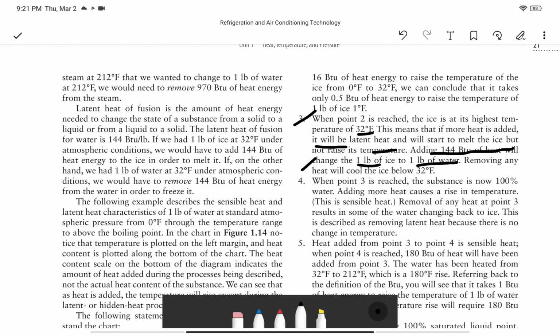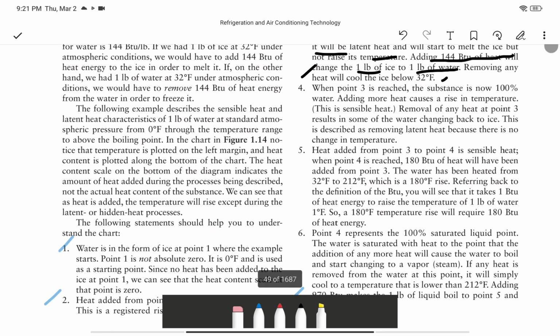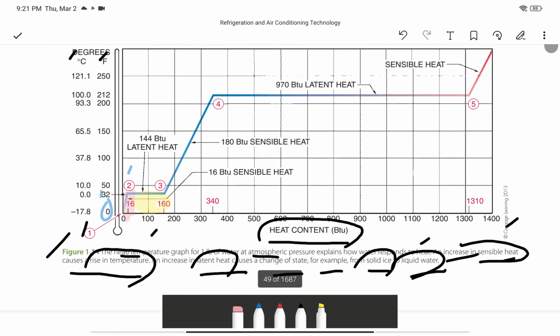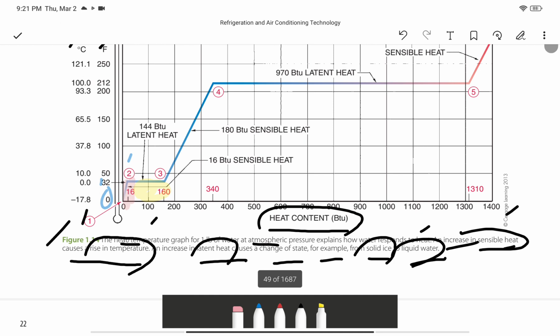Removing any heat will cool the ice below 32 degrees Fahrenheit. So it added 144 BTU, and the ice becomes water. 1 pound of ice changes to 1 pound of water.